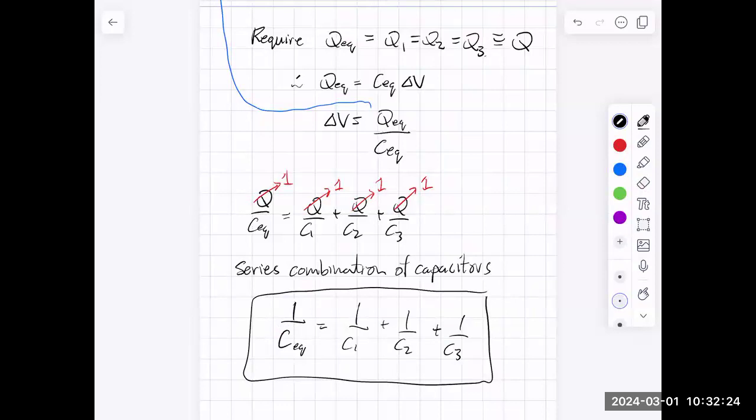So, the other thing we can do is start to think about circuits that involve combinations of resistors and capacitors. So far, we've thought about some simple circuits that have only capacitors. So we had the series combination and the parallel combination.